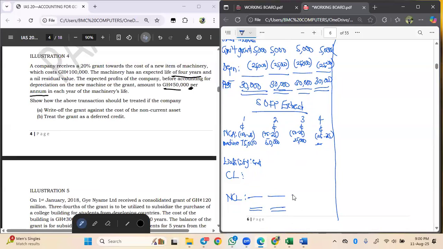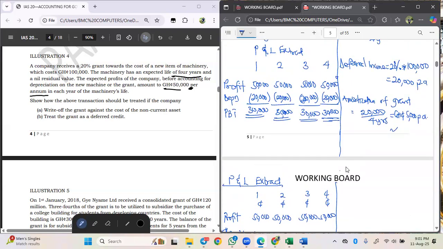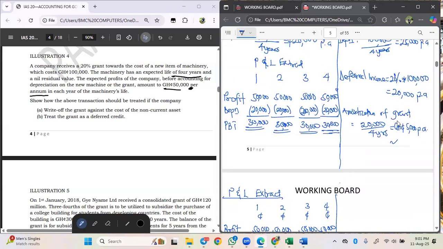Who can lead us here? I want to see if you really understand. The whole grant was 20,000, that is 20% of the asset.